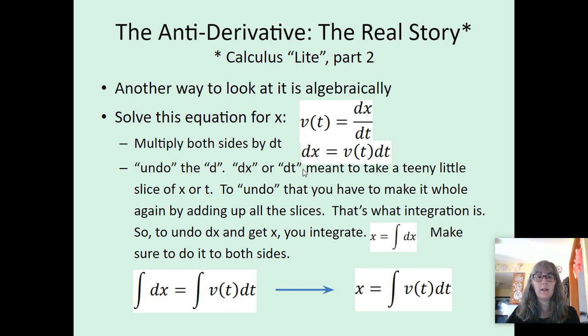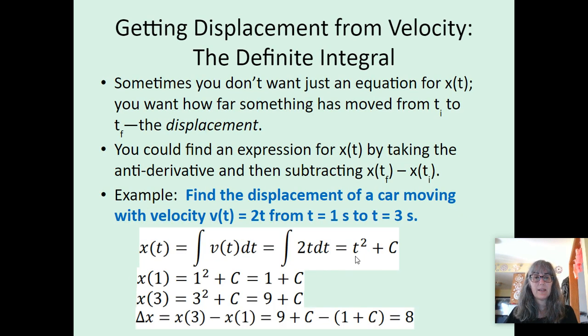So if we integrate both sides, so we add up all the little d's, then x is the sum of all the little dx's. So if we integrate this side, that becomes x. So we just add up all the little dx's, that gives us x. And on the other side, that's integrating v dt. So that's another way to look at that.